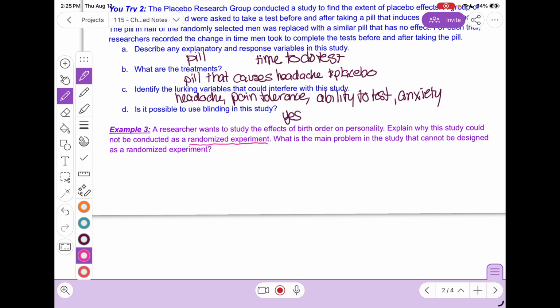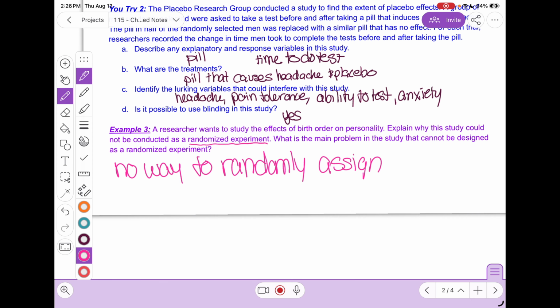The middle child is always the middle child. There's no way to randomly assign birth order. You can randomly get people and participants, but you can't assign them to the group. The oldest will always be the oldest.